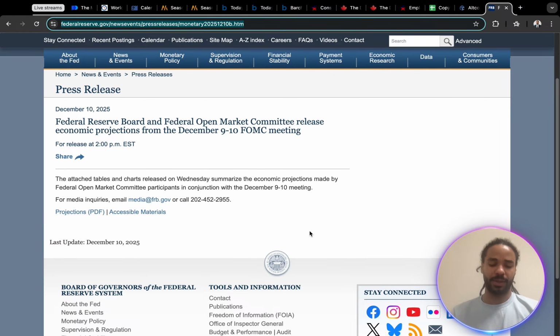If you're looking at what Powell is saying, you want to look for some of his words because they choose their words very well. You want to be aware of how to tell whether he's dovish. Things like moderate pace, or if he says ongoing assessment, these indicate caution.